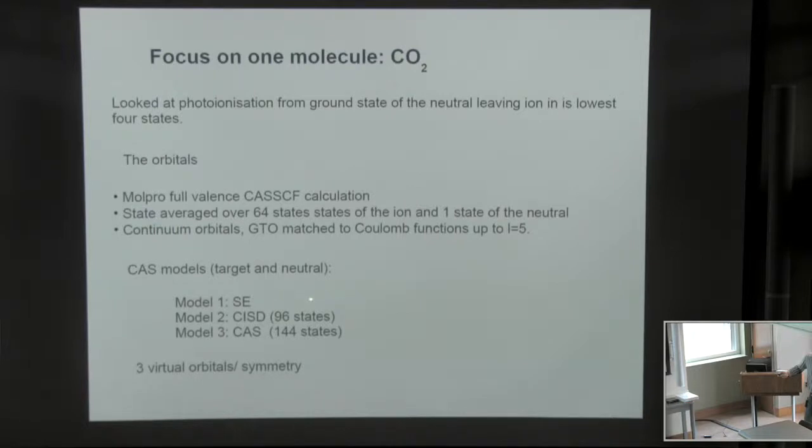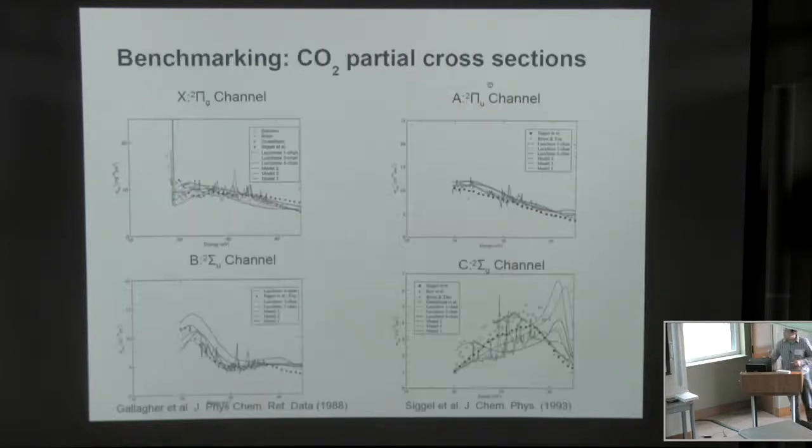And we treated both the target states and the neutral in the same fashion with the same active space. For Model 2, we had 96 states, and Model 3, 144 states in the close coupling expansion, and we also added in 3 virtual orbitals for symmetry. So, after all that, now let's have a look at some results.